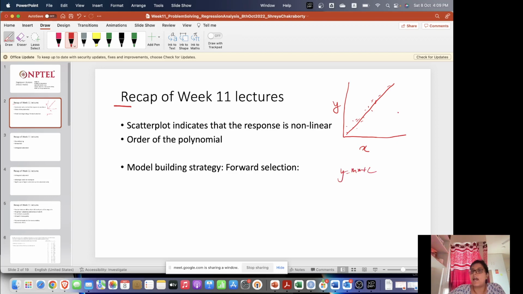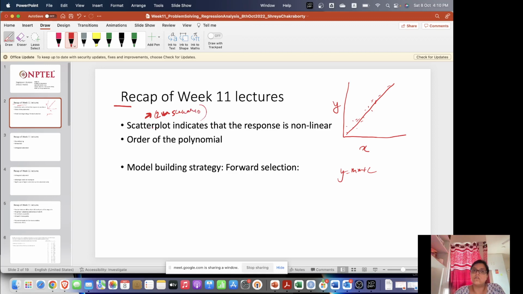And in higher dimensions we go for multiple linear regression. But here the scatter plot is for a two variable scenario only, otherwise it's not possible to visualize.